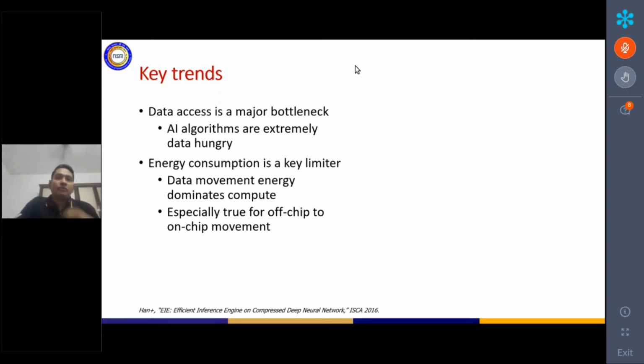So for these memory accesses, another key factor is the energy consumption. So size, the access time that we have seen in the previous slide.